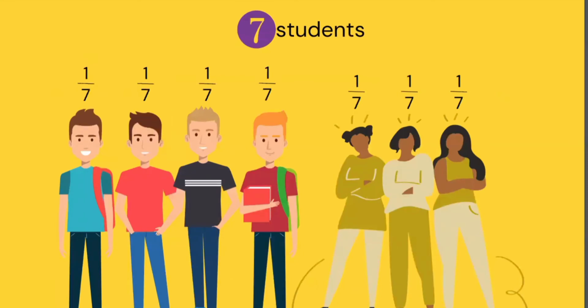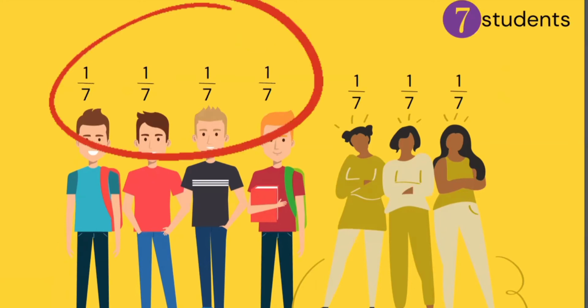In this example, we see that each student represents 1/7 of the class. Now let's look at the fraction that would represent all the boys in the class. Could you tell me what single fraction we can use to represent all the boys?